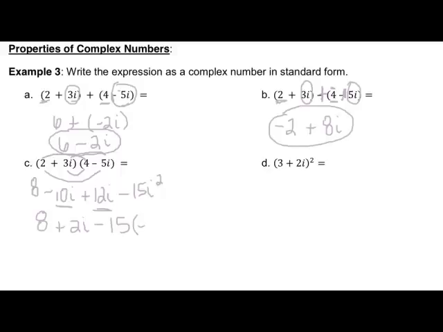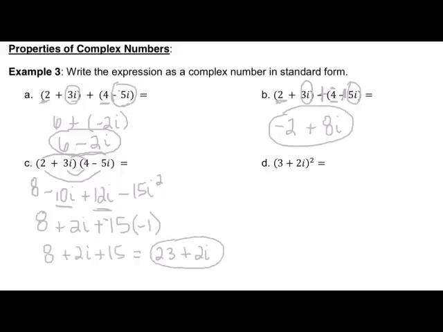So 15 times negative 1. So we notice here we have subtraction, which is the same as adding the opposite. So a negative 15 times a negative 1 is actually a positive 15. So 8 plus 2i plus 15. We know that 8 plus 15 is 23.